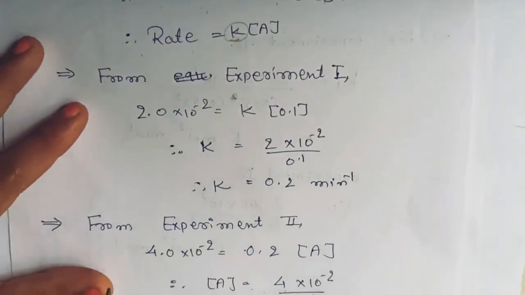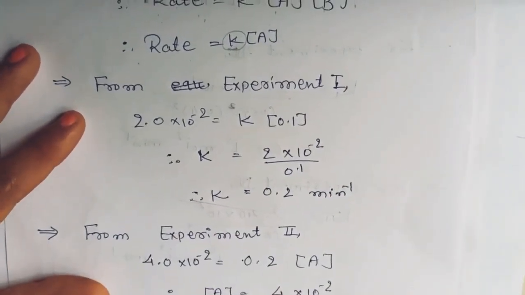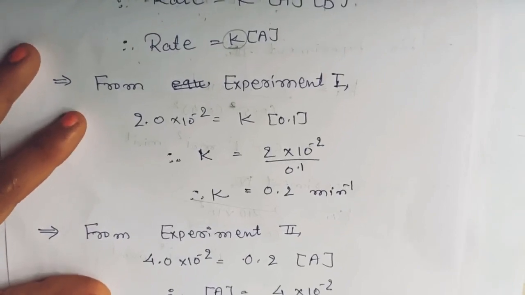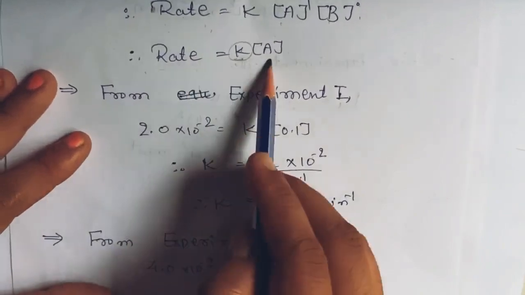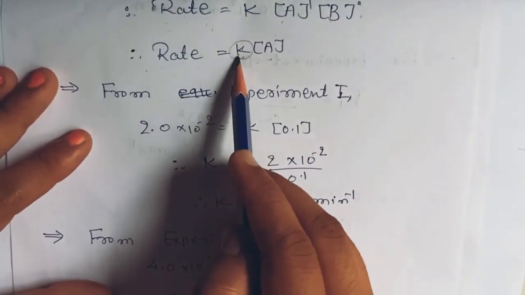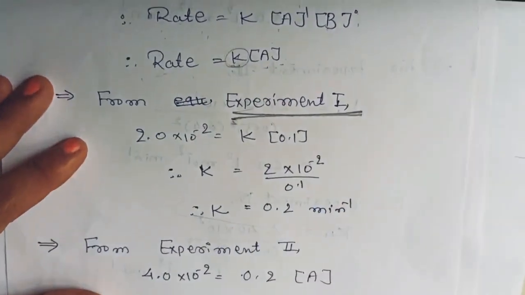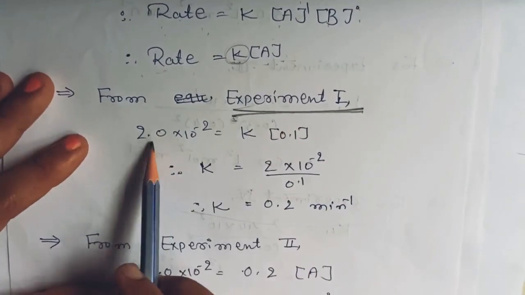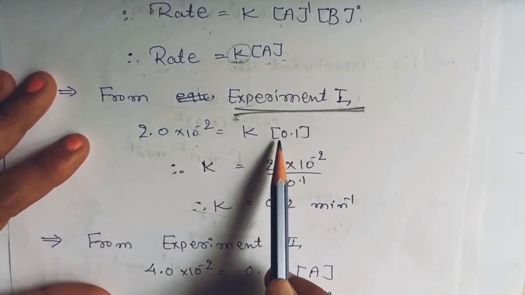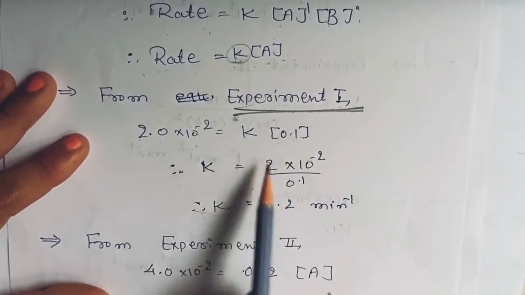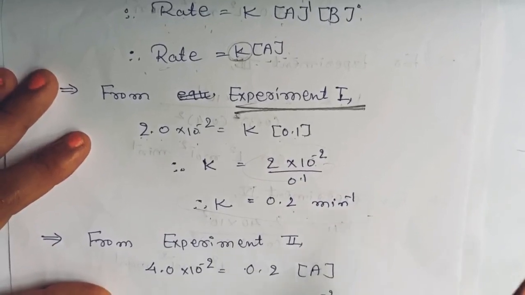And after finding K, you can find the concentration of A, B, or rate of reaction. So from this rate law, you subject K and replace the two values from experiment 1. For experiment 1, the rate is 2.0 into 10 to the power minus 2 and the concentration of A is 0.1. If you divide that, you will get K equal to 0.2 minute inverse, right?